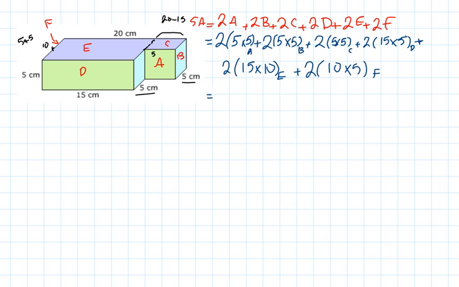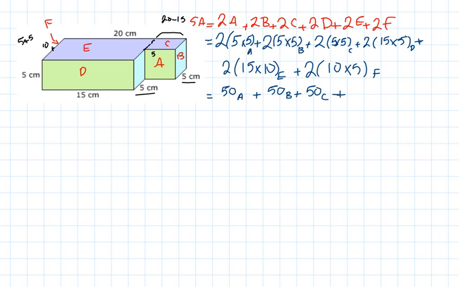Okay, so we find out the numbers here. So 50 for A plus 50 for B plus 50 for C. That's 2 times 5 times 5.